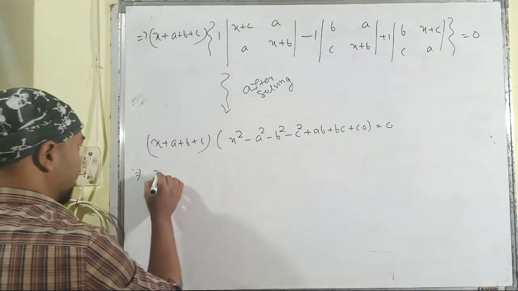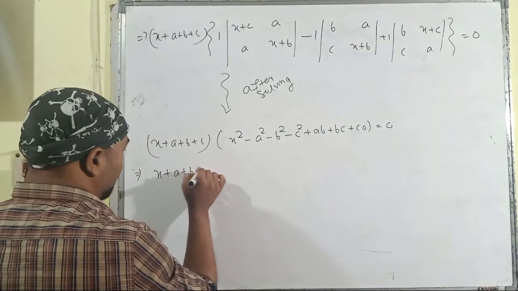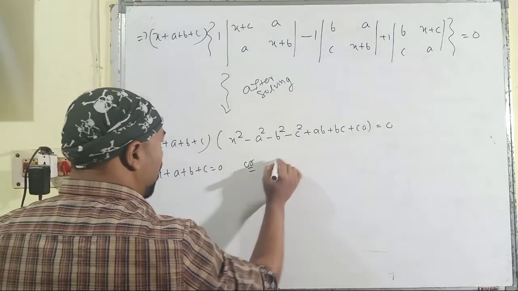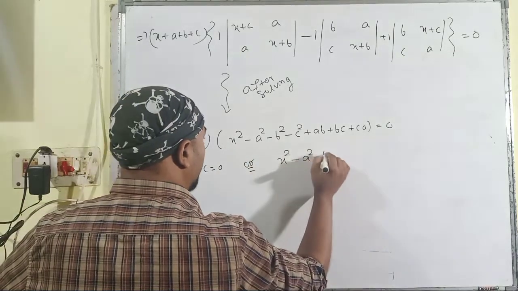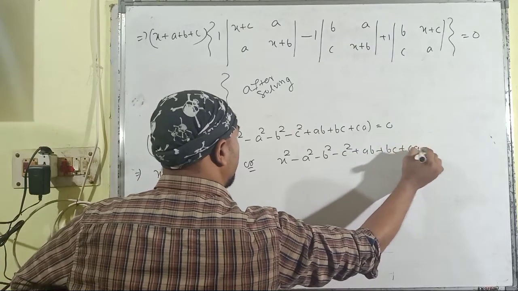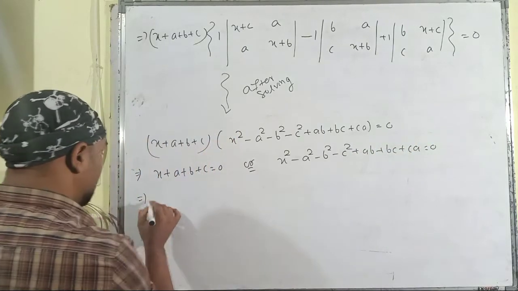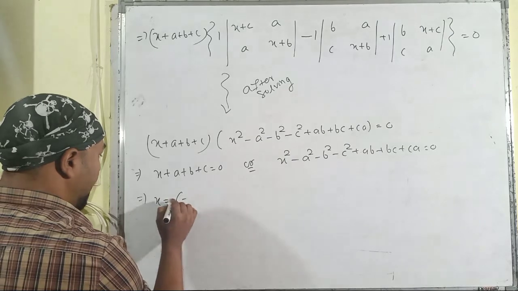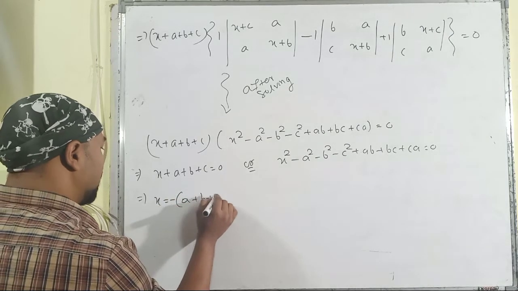So here we will get x plus a plus b plus c is equal to 0, or x square minus a square minus b square minus c square plus ab plus bc plus ca is equal to 0. So x is equal to minus (a plus b plus c).